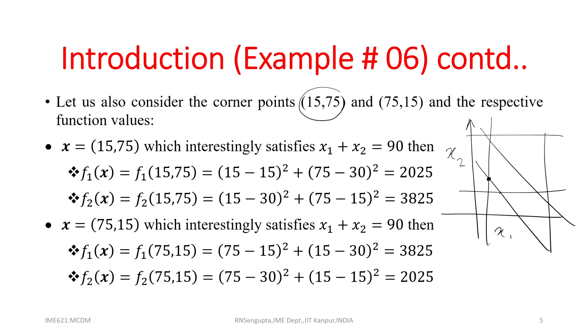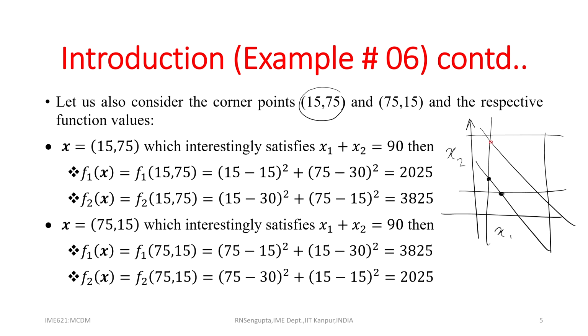These were the corner points for the minimization case, which I am highlighting in black for the boundary. Once it goes inside the feasible region, the values of f1 and f2 will increase, so the corner points would be only those for the minimization case.